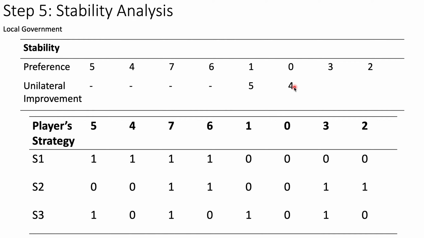The unilateral improvement should be 4, because if we compare 0 and 4, the S2 and S3 are the same, 0 and 0. But scenario 4 is more preferable, because in this scenario we actually implement our policy rather than not doing anything. So we prefer scenario 4 rather than 0. Hence, the unilateral improvement should be filled with 4. You finish this for every player: local government, motorcyclists, and tourists.